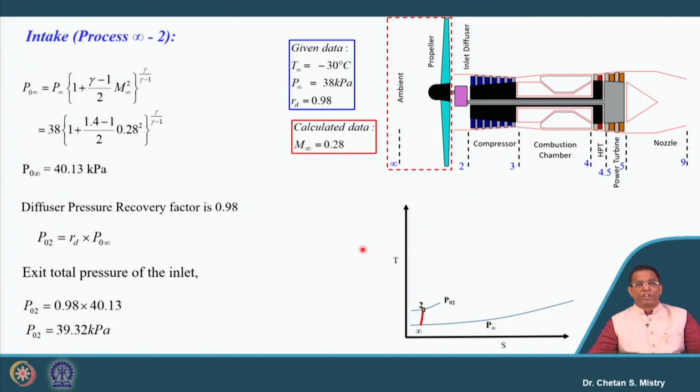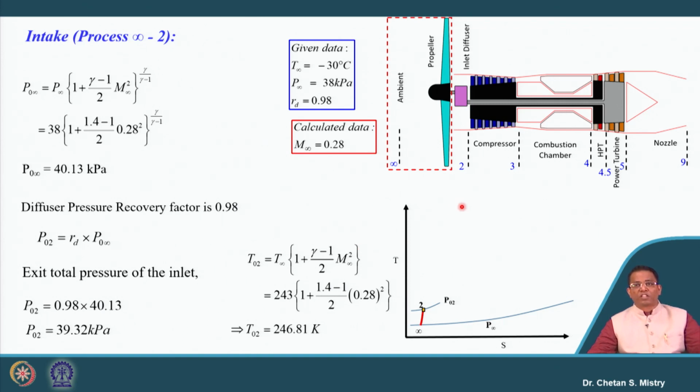So this is the pressure with which flow is entering the compressor. Now temperature we can calculate, it is T infinity into 1 plus gamma minus 1 by 2 M infinity square. If we put these numbers, the temperature comes to 246.81 Kelvin.